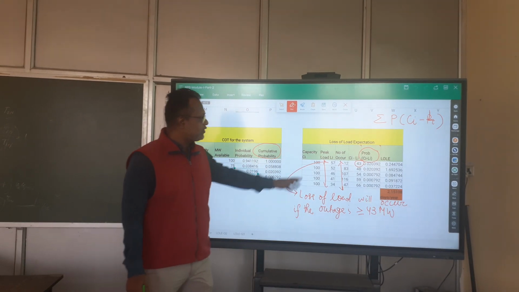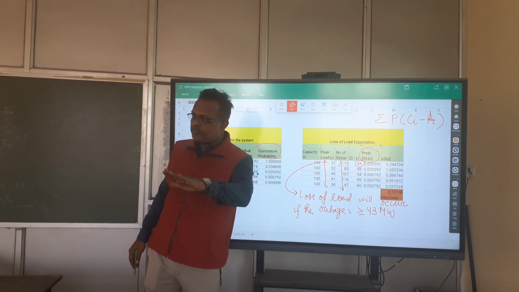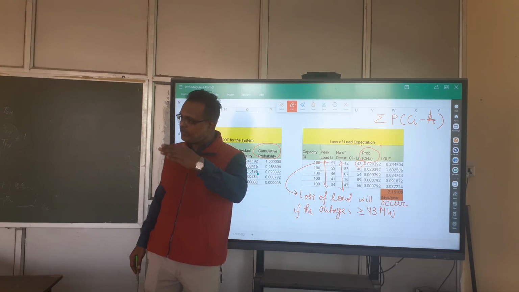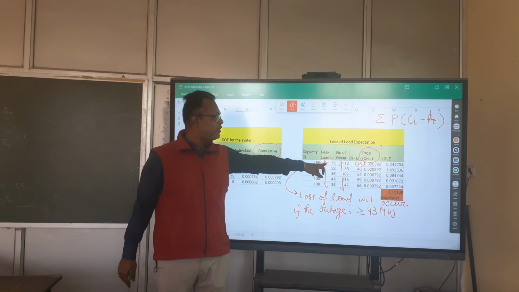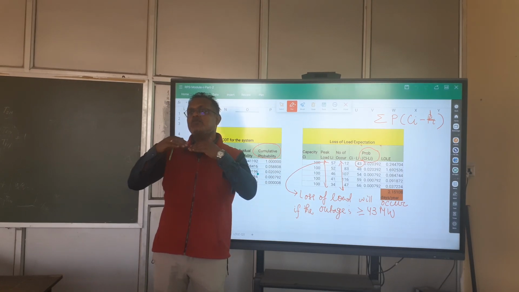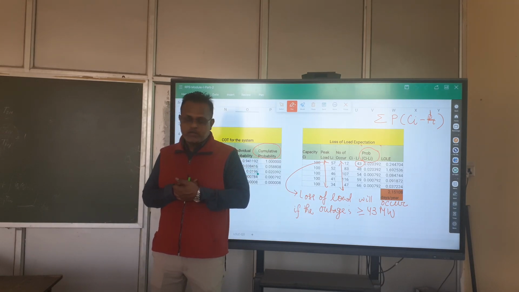Because our load is 57, at just 43 megawatt outage the available capacity is 57 and it will just meet the load. But if the outage is more than 43, then loss of load will occur.